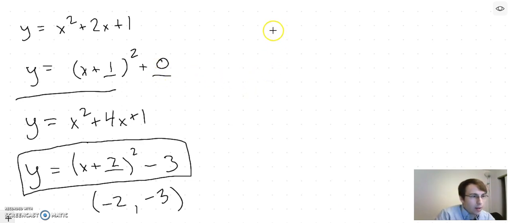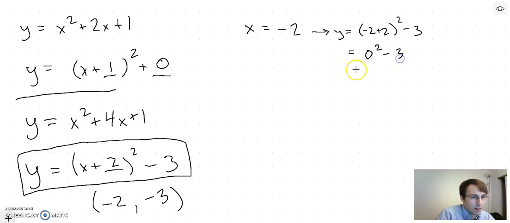So when x is -2, then we have y equals -2 plus 2 squared minus 3 equals 0 squared minus 3 equals -3.